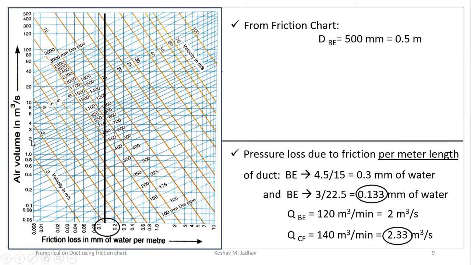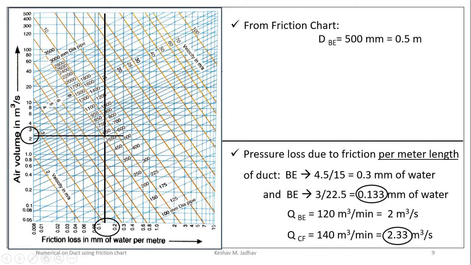So here it is 2 and this is 3. So this 2.33 will be in between these two. If you take the midpoint of these two lines, then here we will get 2.5. So we will draw a line slightly at the lower side. So this is the line for volume flow rate 2.33.